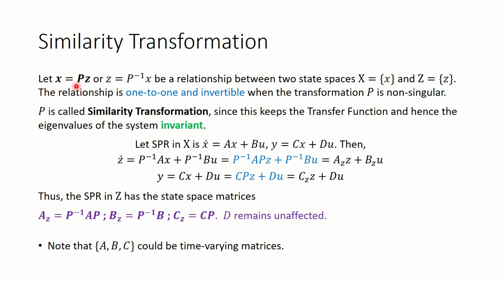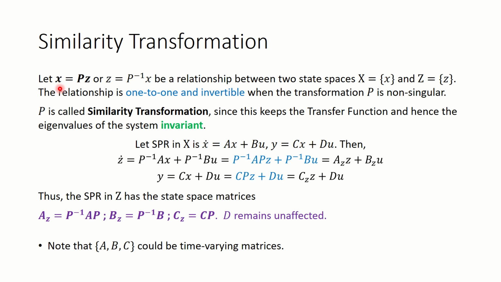So these two realizations are linked by such a non-singular similarity transformation. Whenever two state space realizations are related to each other, they have to be connected through a non-singular similarity transformation, so that we have a one-to-one and invertible relationship.